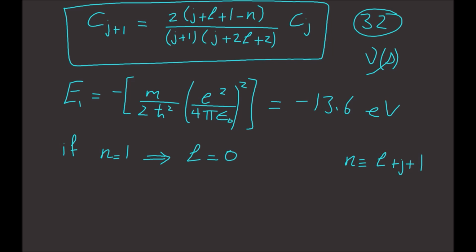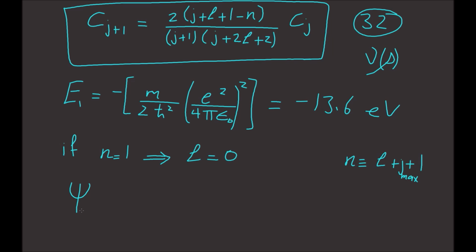Let me just double check. Yeah, so we defined this as J max, right? So if n equals 1, J max must equal 0 and L must equal 0 for this equation to be true.